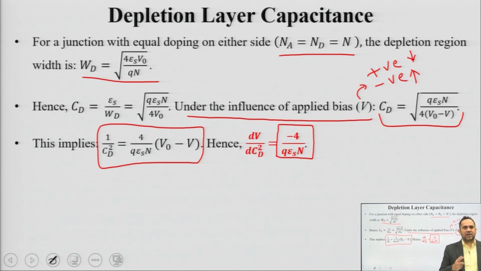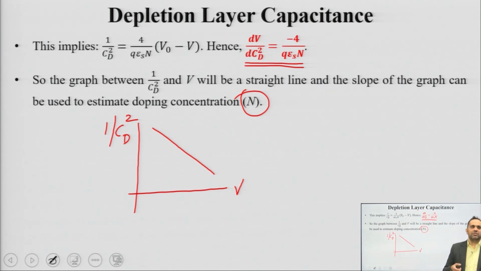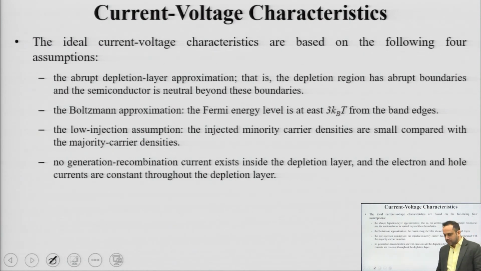In that case, a graph between 1 by CD square and V is going to be a straight line, and the slope of this line can be used to estimate the doping concentration. Now, since we have said that the doping is equal on either side, if you get the value of n, you basically get the value of doping on both the sides. Okay. Let us proceed further.